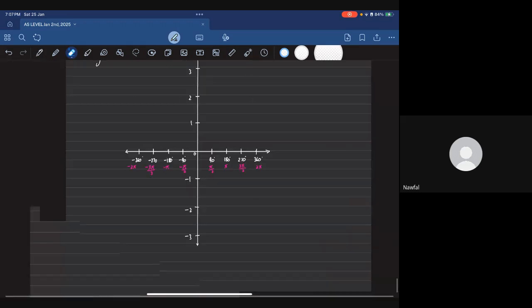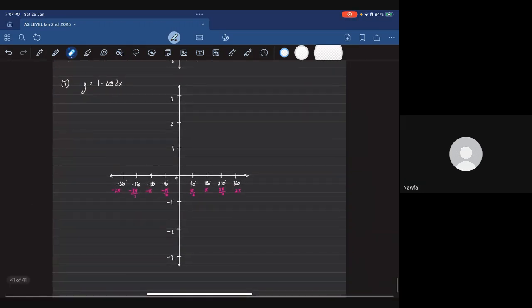All right, so now what's going to happen is that your usual graph is y is equal to cos x. That is what we've studied. But this graph right here says 1 minus cos 2x.